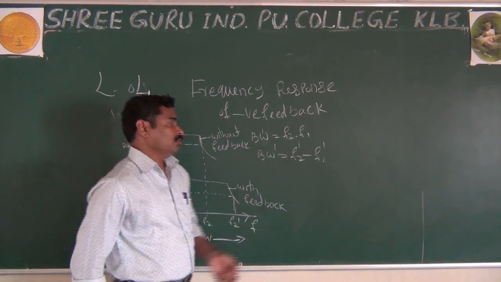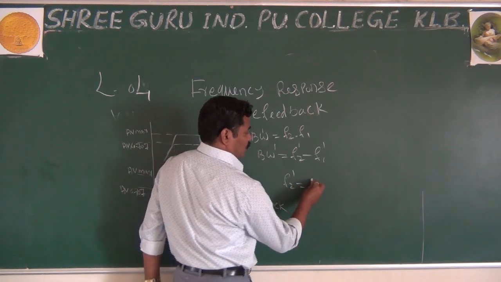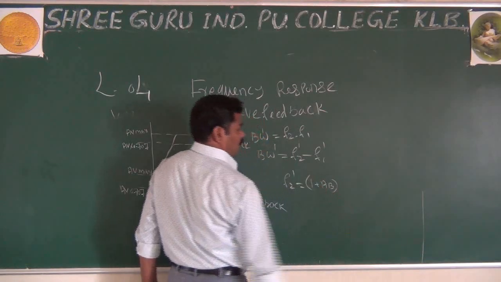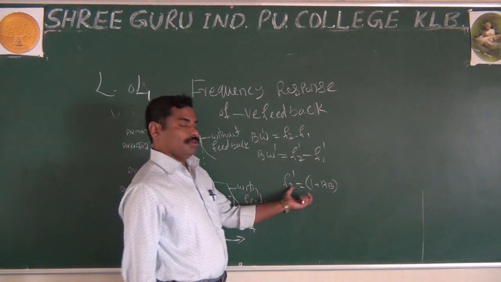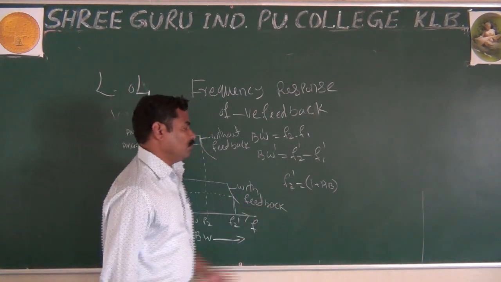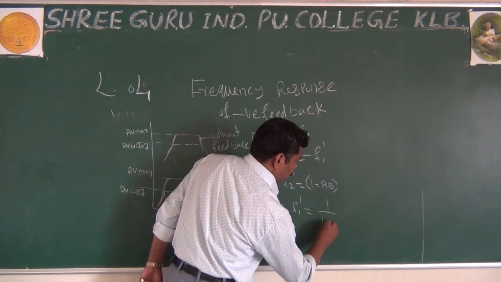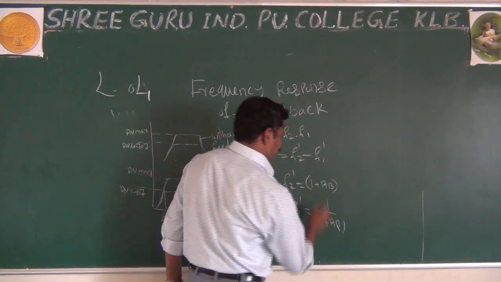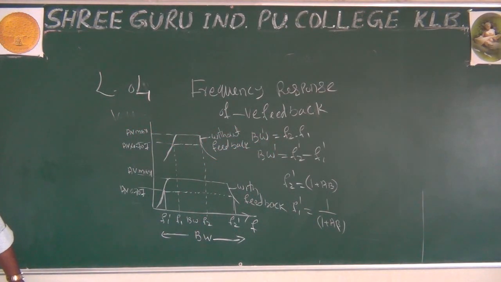How will we get more bandwidth? We can write F2 dash equals F2 times 1 plus A beta, so the upper cutoff frequency increases. But F1 dash equals F1 divided by 1 plus A beta.